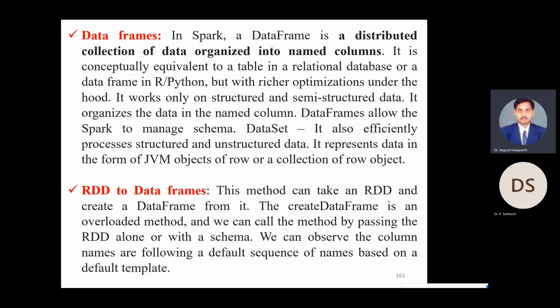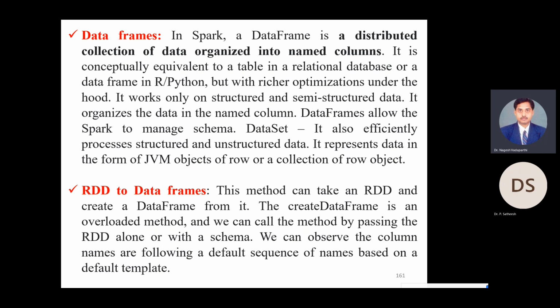It represents data in the form of JVM objects, Java Virtual Machine, of row or a collection of row objects. That is called JVM, Java Virtual Machine. It is platform independent in Hadoop. Every system can execute it on its own. It creates its own bytecode.